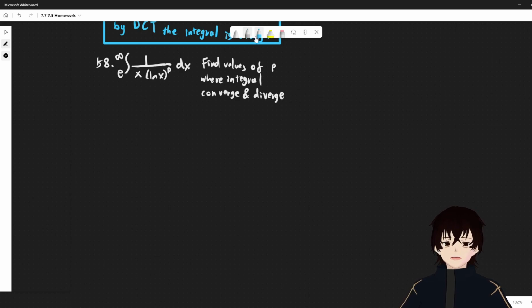Ooh, u sub. Let's see. u is equal to natural log of x. du is equal to 1 over x dx. We can rewrite the integral from e to infinity of 1 over u to the power of p du.